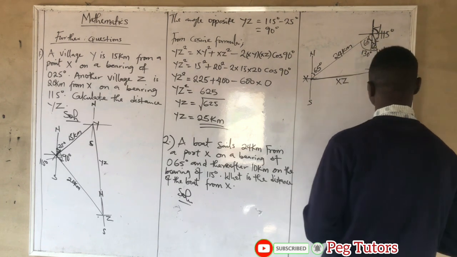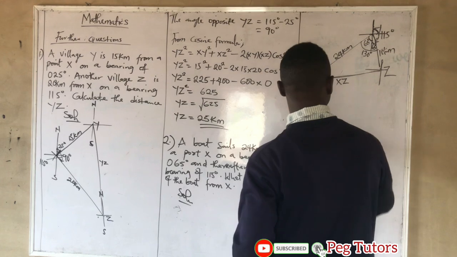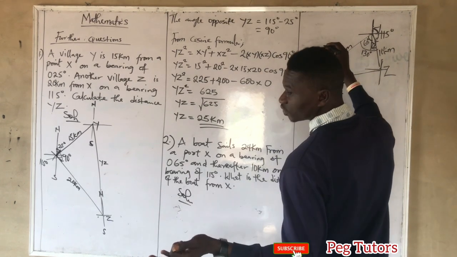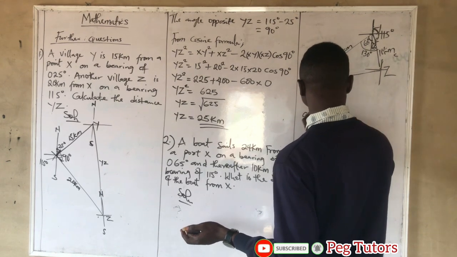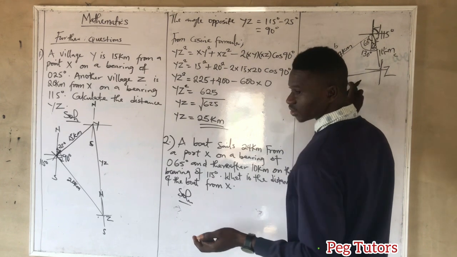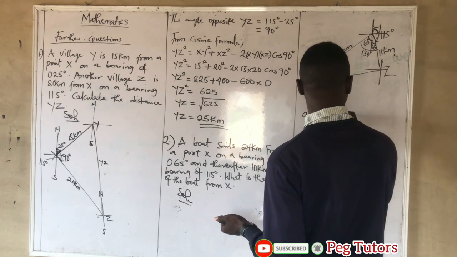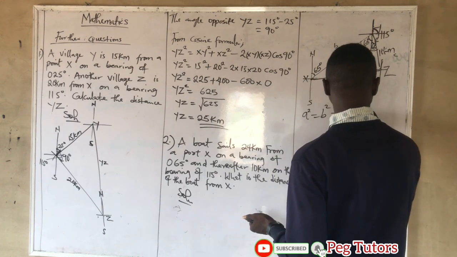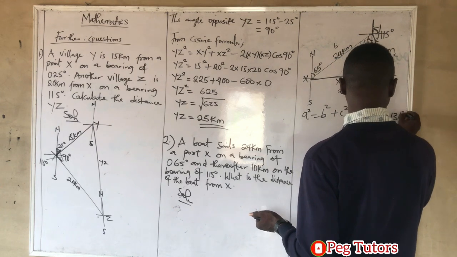So having found this, let us move forward. Now let's assume this one is A, so that we will not be confused, this one is B, and this one is C. So A squared, which is XZ squared, is equal to B squared plus C squared minus 2BC cos 130 degrees.